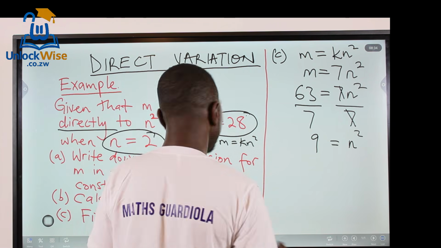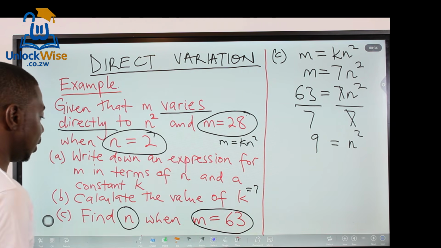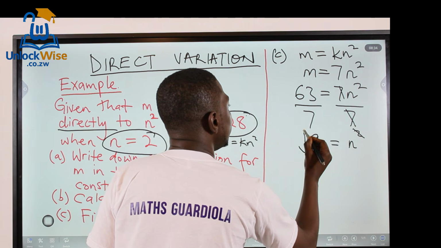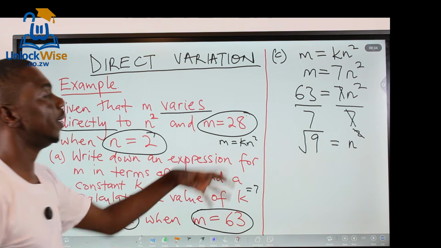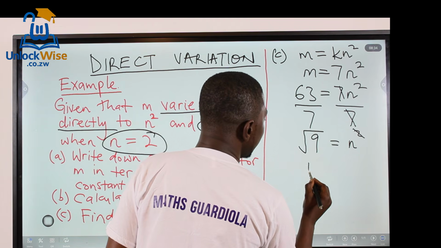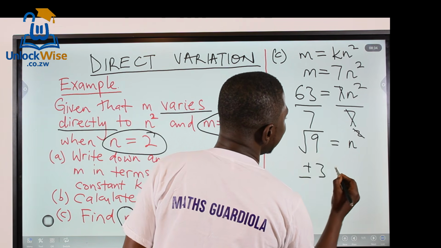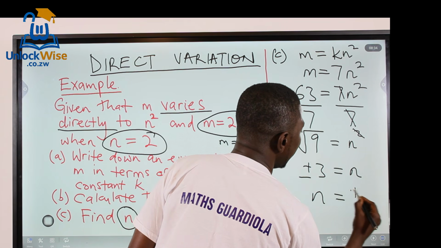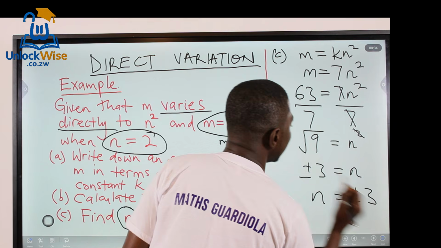For us to find the value of n, I'm going to put a square root on the side and cancel the square on the other side. This means that we are going to have plus or minus 3 as our answer. So n is equal to plus or minus 3.